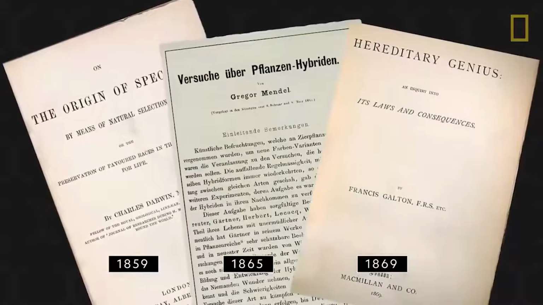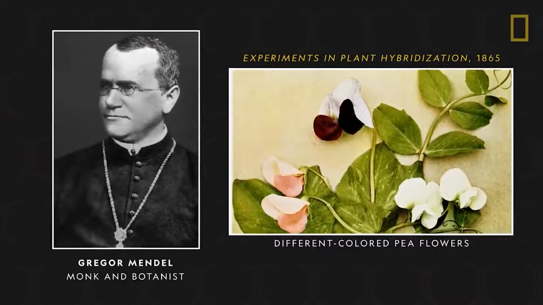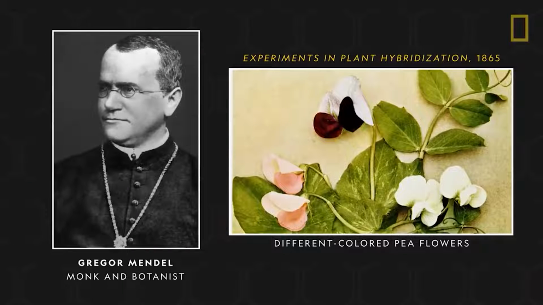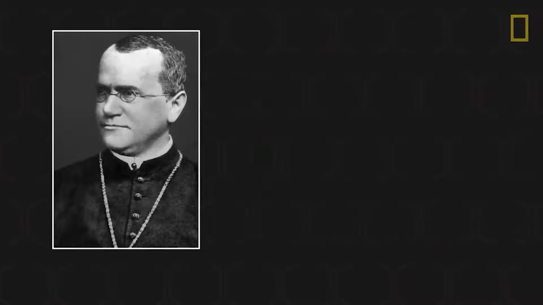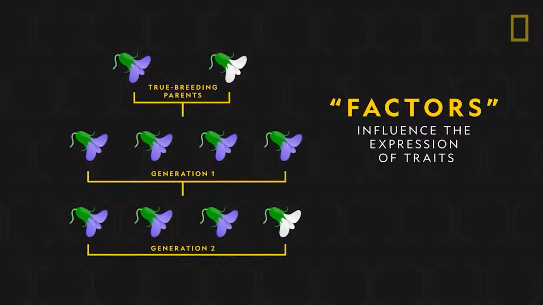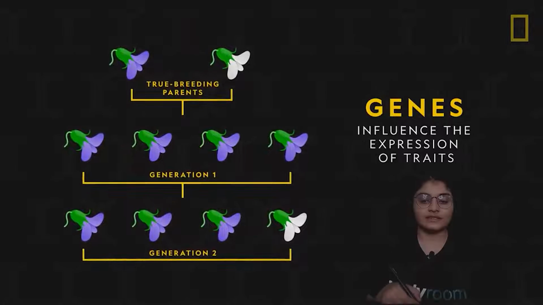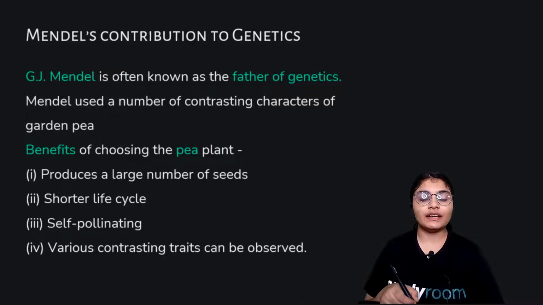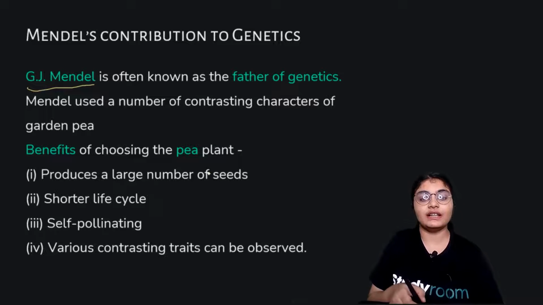Austrian biologist Gregor Mendel published the results of his hybridization studies of pea plants, and he noted that there were certain factors that influenced the expression of traits, which later came to be known as genes. Gregor Johann Mendel, written here in short form as G.J. Mendel, is often known as the father of genetics.